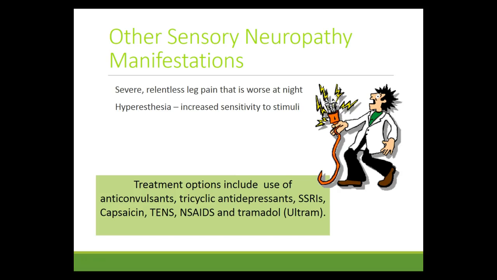Back when we talked about pain, some treatments are atypical, so not necessarily your run-of-the-mill pain medications, that help with nerve pain and damage, which would be anticonvulsants, tricyclic antidepressants like amitriptyline or Elavil, SSRIs, capsaicin, a TENS unit, NSAIDs, and tramadol, also known as Ultram.